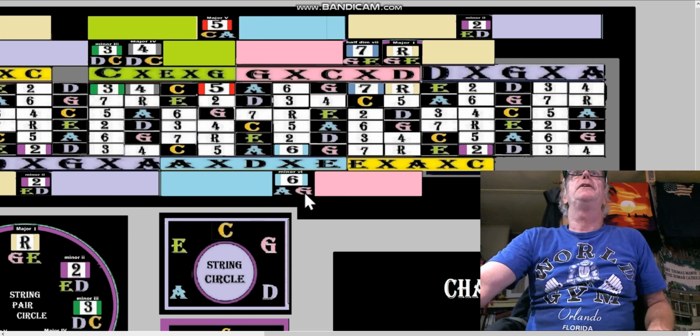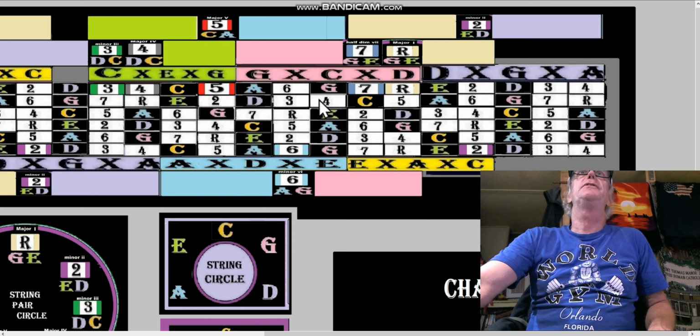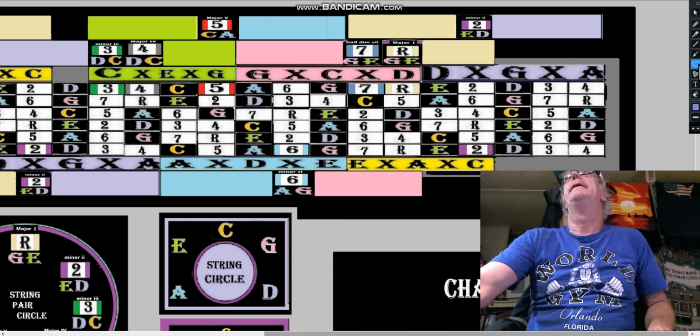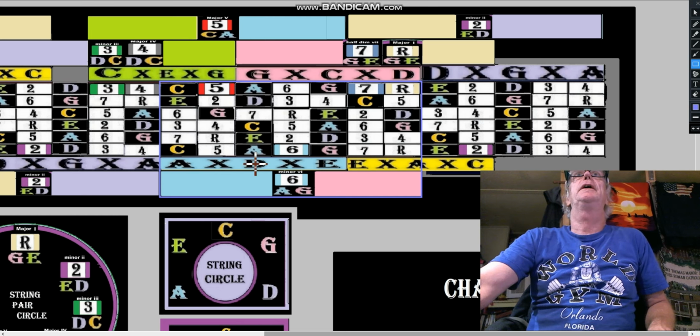The banner down here is the AG banner. Here's your A tripentatonic region, and here's your G tripentatonic region. So the whole thing, that AG banner right there, is like that, right? We've got to include the G, include the A.